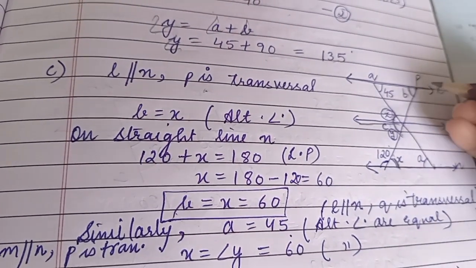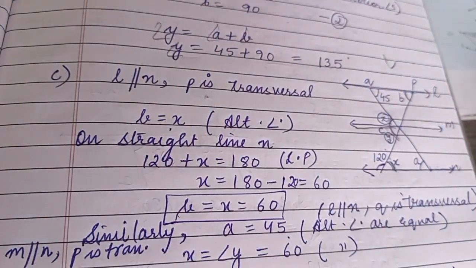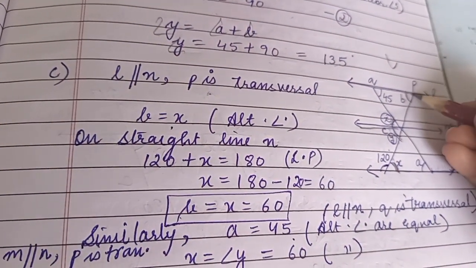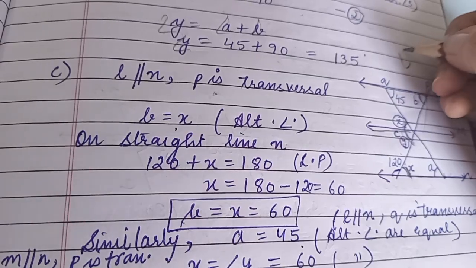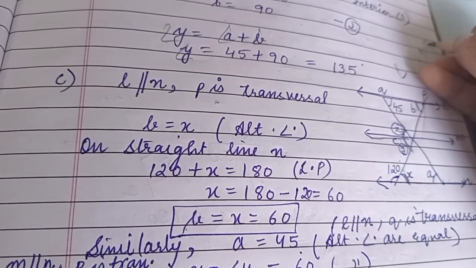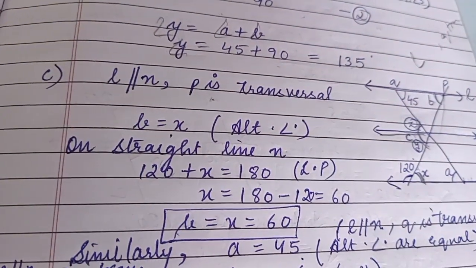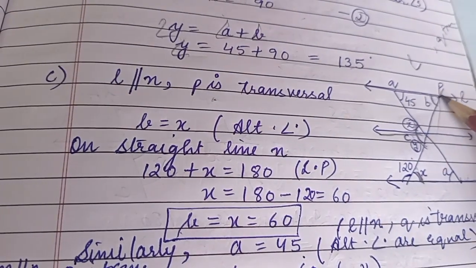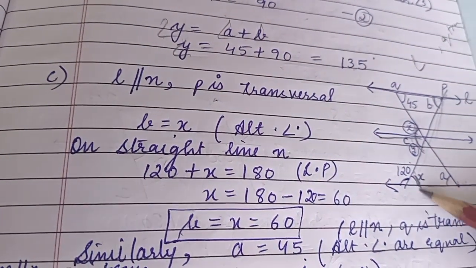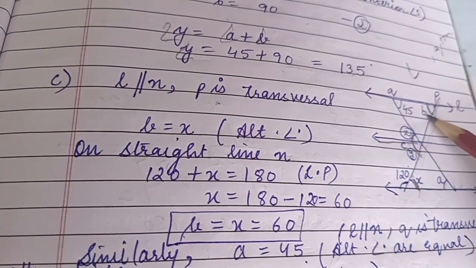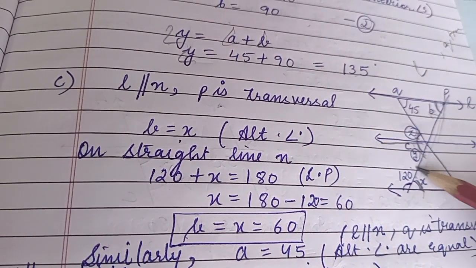And this B is on line L. How to find this? This is on transversal Q. Transversal is Q. And B can be related with the angle X, correct? Why? This angle is on the left side and this one is on the right side.